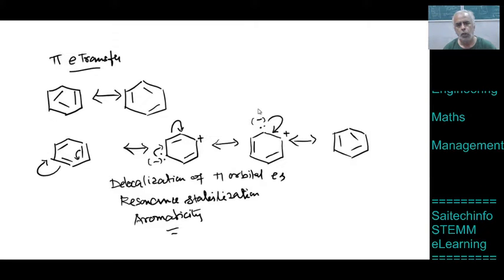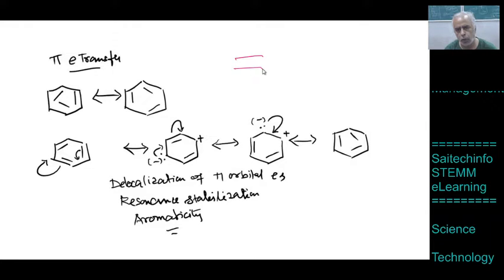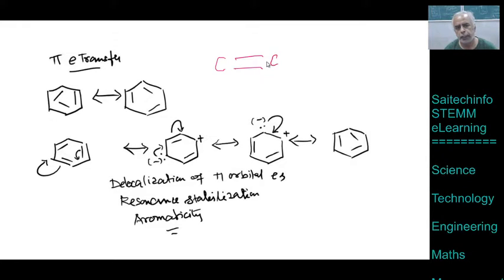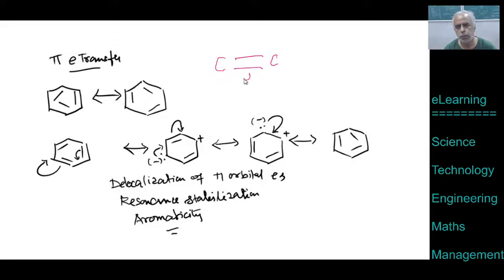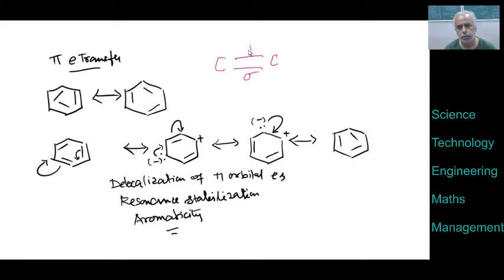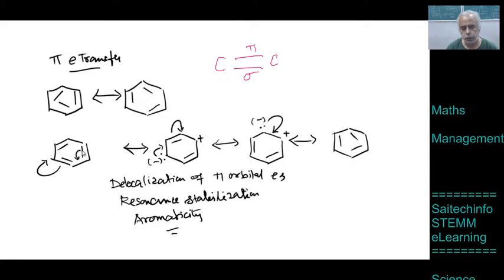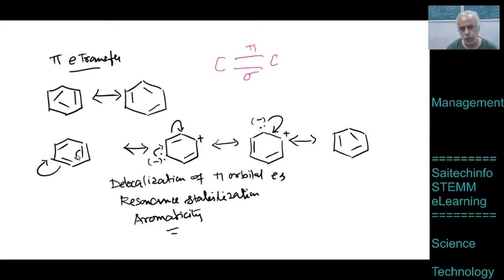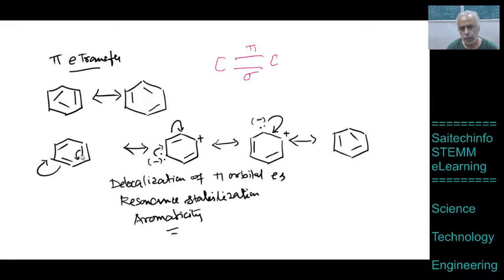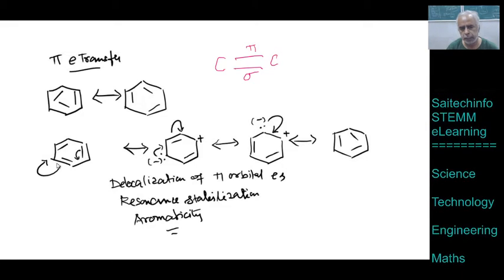What do you mean by pi bond? Whenever you have a double bond, for instance C double bond C, you have one sigma bond and one pi bond. So you can find a transfer of pi electron, that is, one bond from the double bond, particularly the pi bond, is getting transferred.